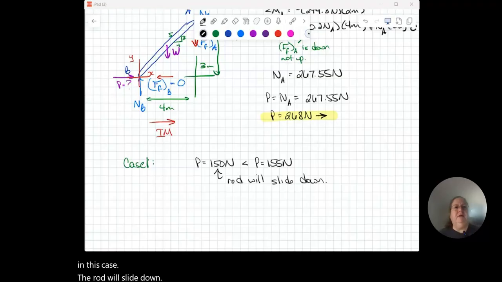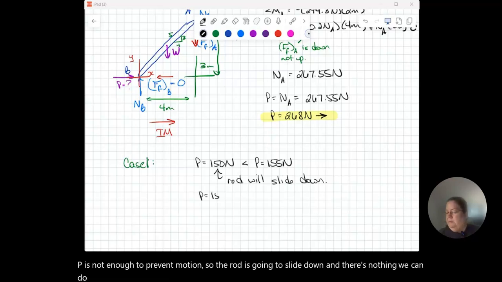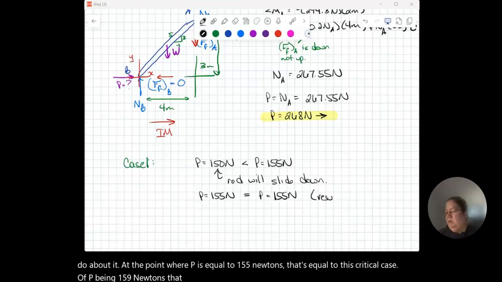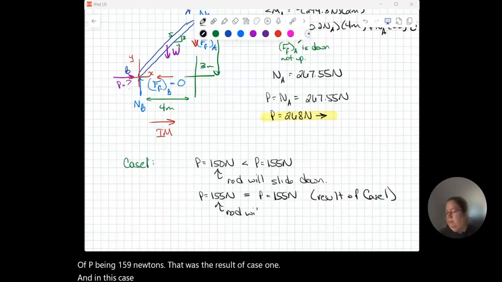P is not enough to prevent motion, so the rod is going to slide down and there's nothing we can do about it. At the point where P is equal to 155 newtons, that's equal to this critical case, which was the result of case 1, the rod will be in equilibrium.